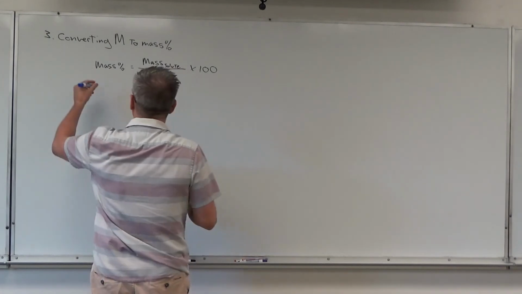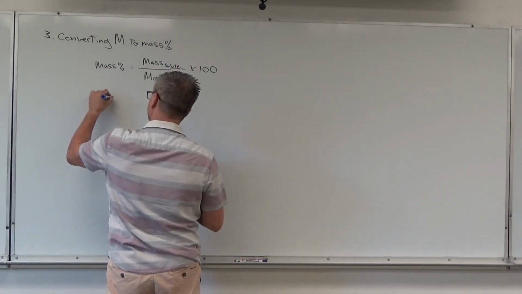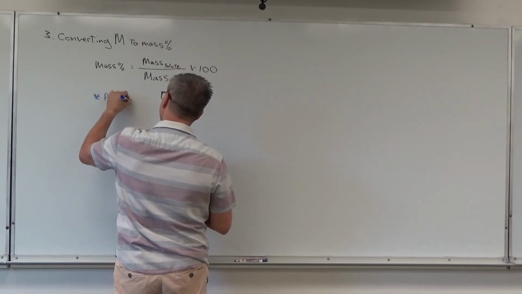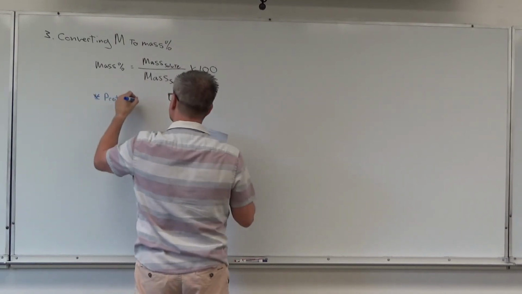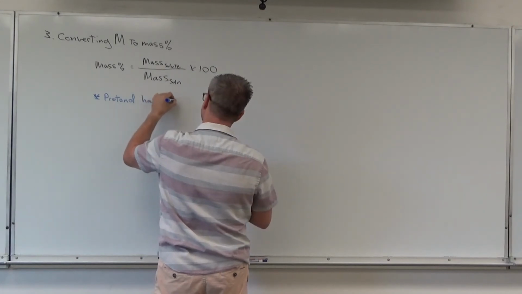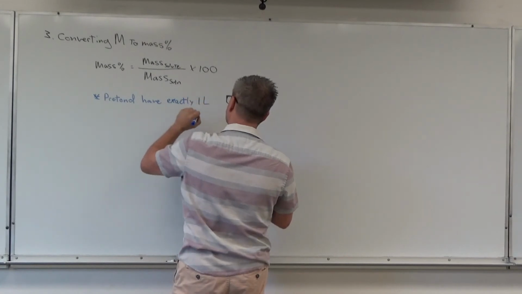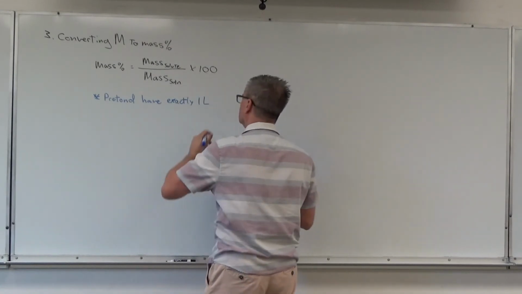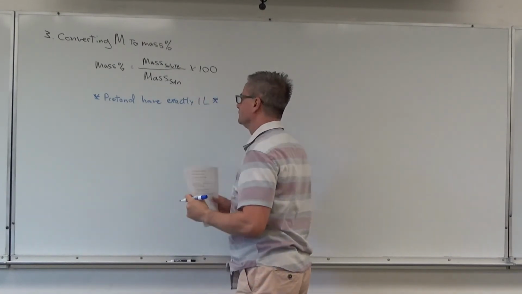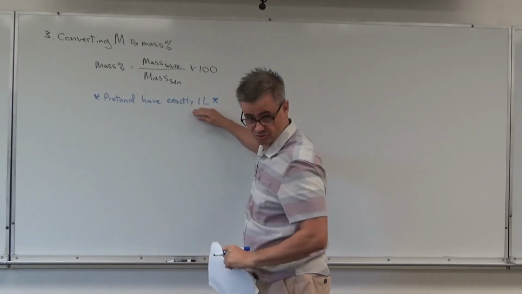So, the process that I just described. There are other ways to do this, but I think this is the most straightforward. You have exactly 1 liter. By the way, if you're going to be doing math with this, it doesn't limit your significant figures.